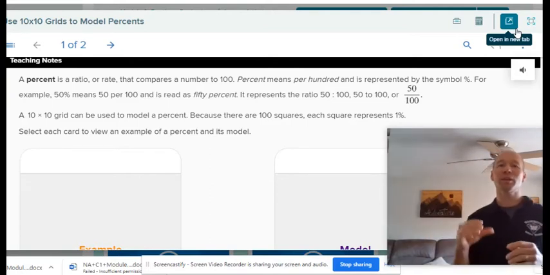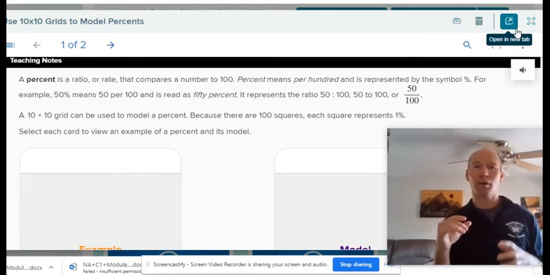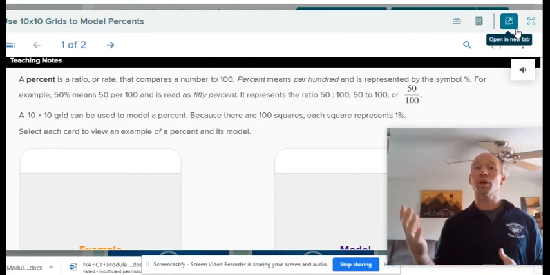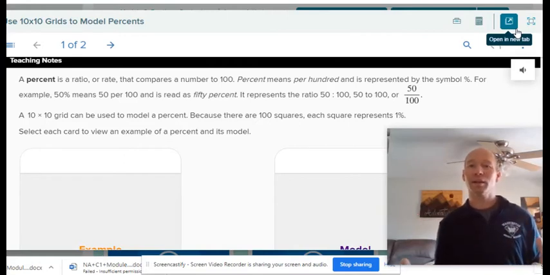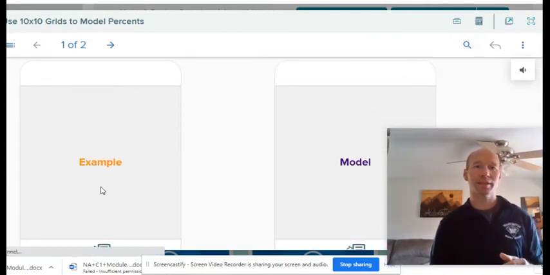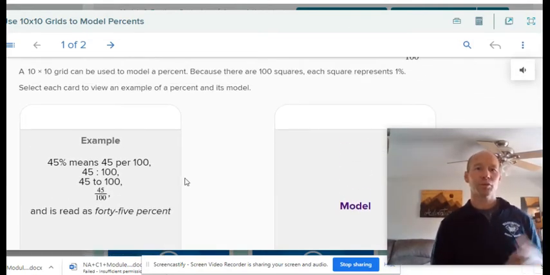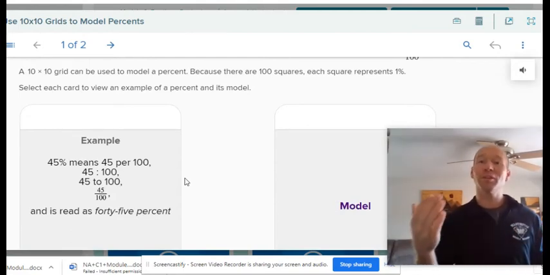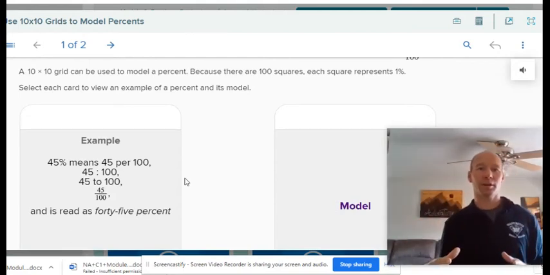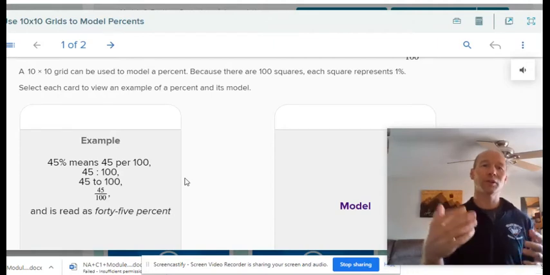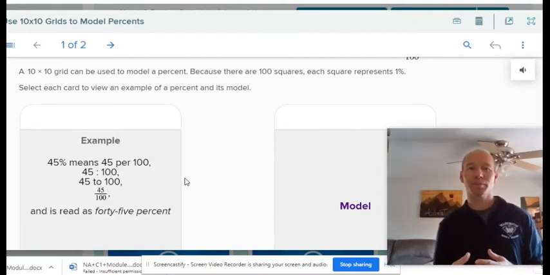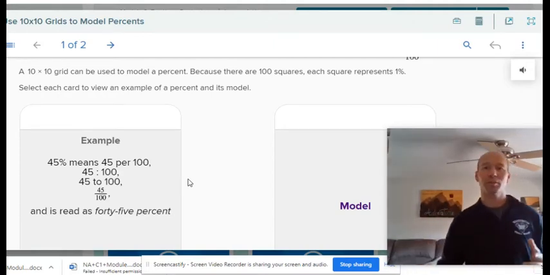A 10 by 10 grid can be used as a model for a percent because there's 100 squares. Each square represents 1%. So if we look at this example, 45% means 45 per 100, or 45 to 100, or 45 hundredths, and we read it as 45%.